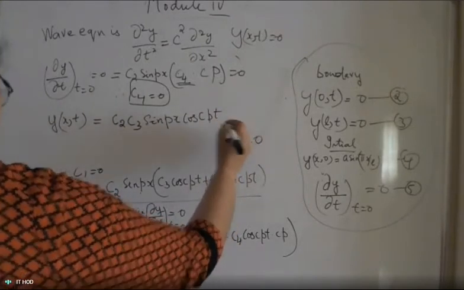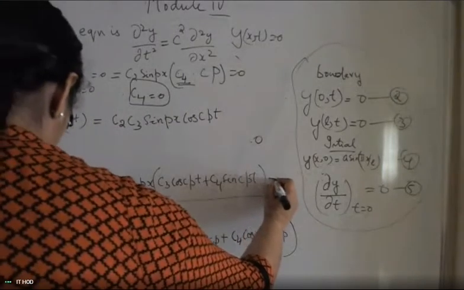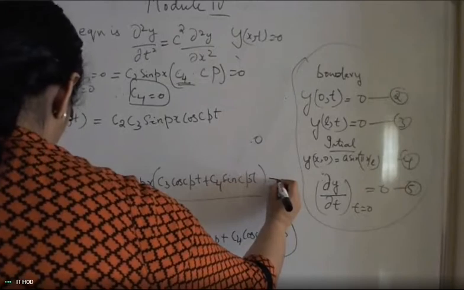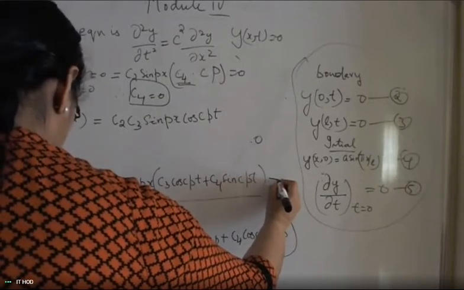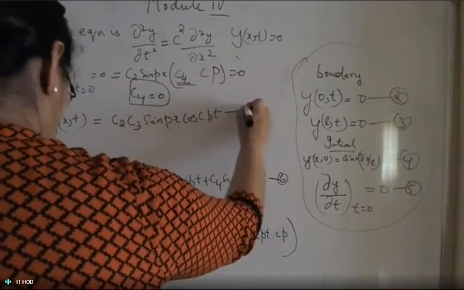This is our y(x,t). So this one you can write as 6th equation. This is 6th. This is 7th. Mark each one.